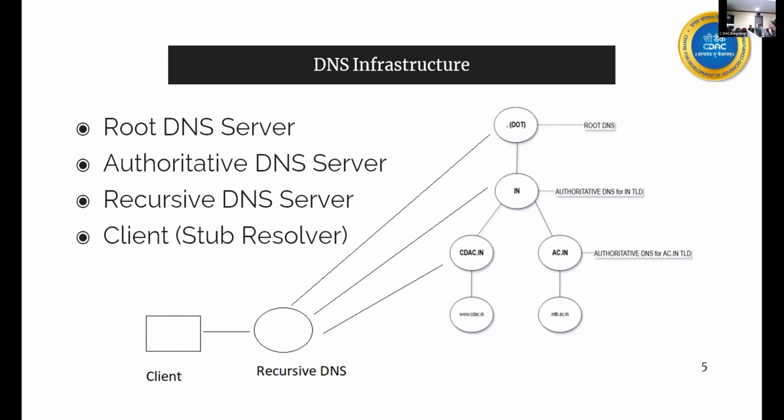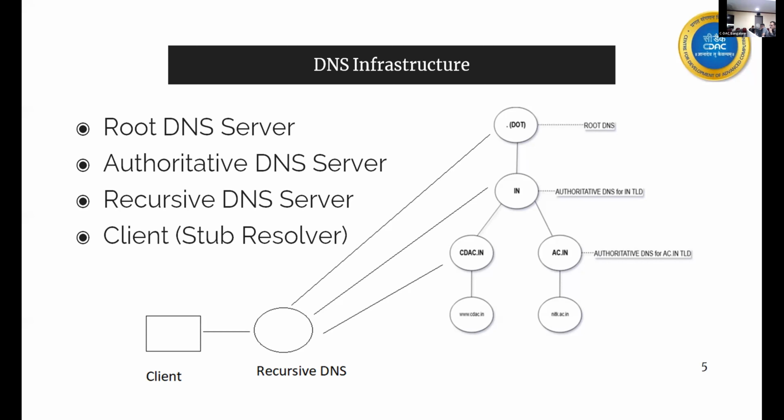For them, I'll just have a quick look. Quickly, I'll just show you how the DNS works. So you see that if this is your system at your home or at your office, right?